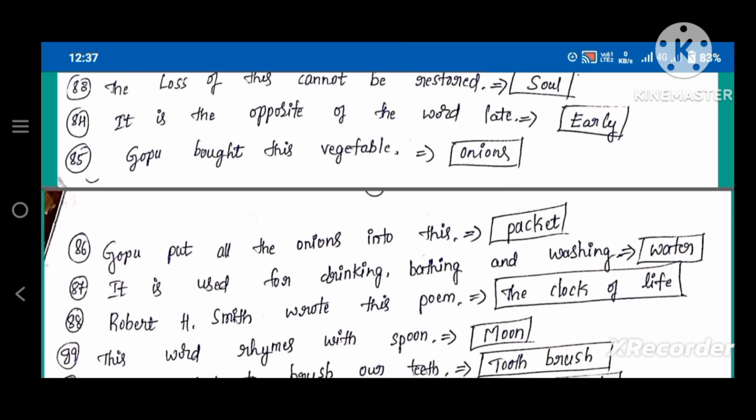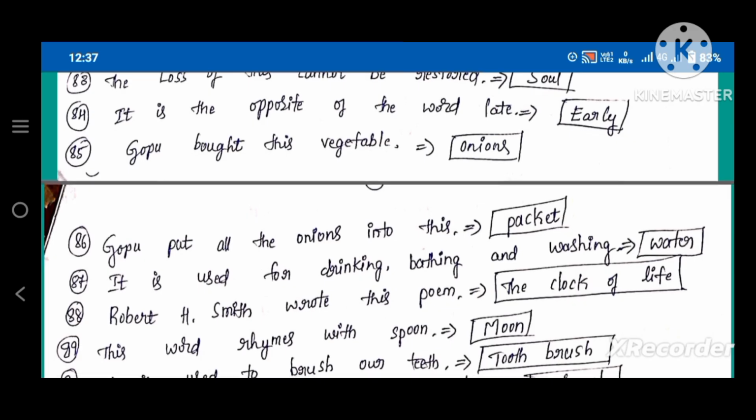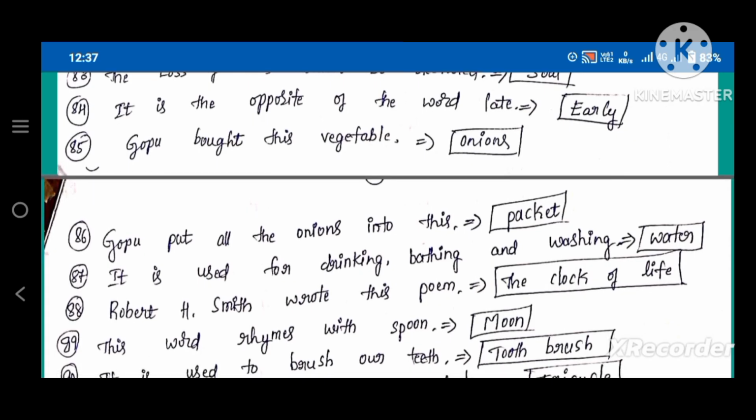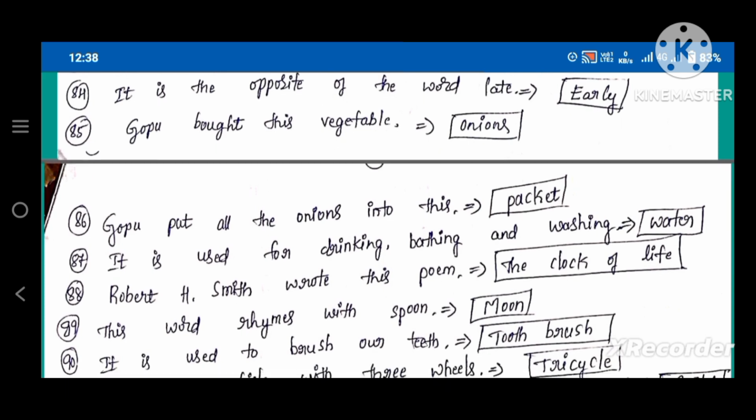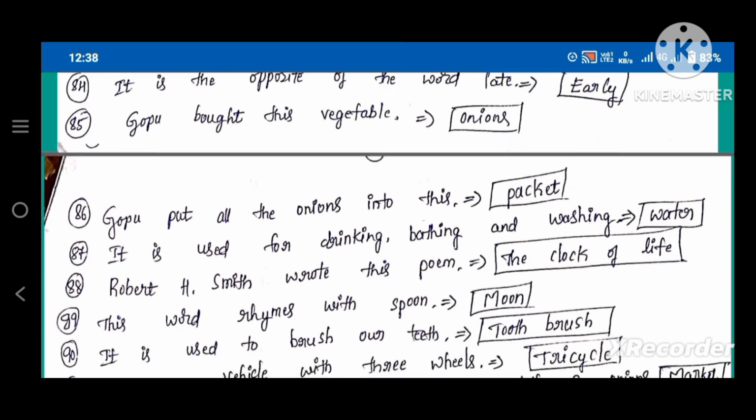Gopu bought this vegetable: onions. Gopu put all the onions into this packet. It is used for drinking, bathing, and washing: water.